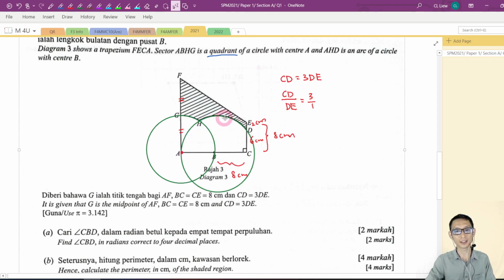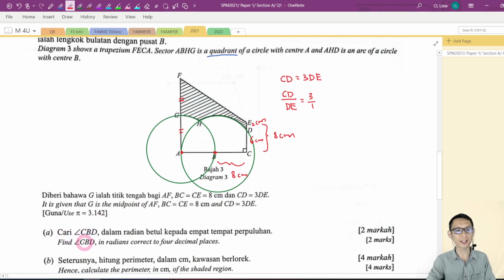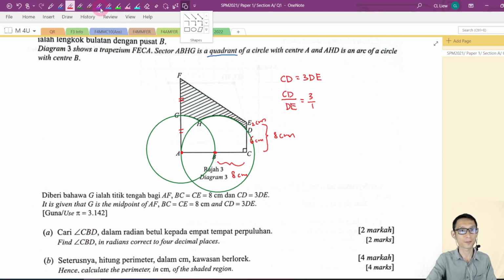And AHD is an arc of a circle with the center B. Now, let's look at part A. Find the angle CBD. CBD, which is over here.